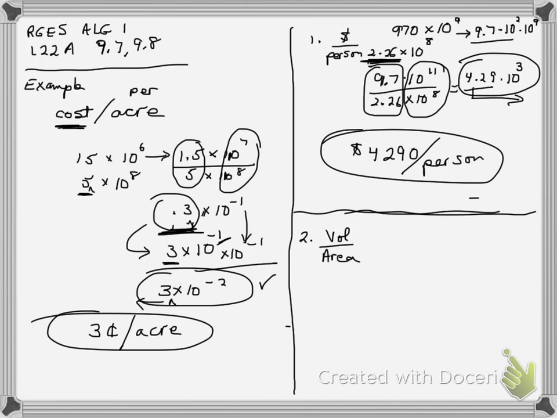So, let's get volume first. The volume is 1.32 billion cubic kilometers.